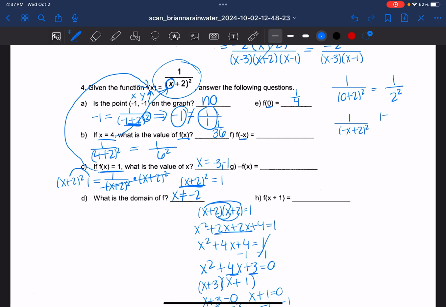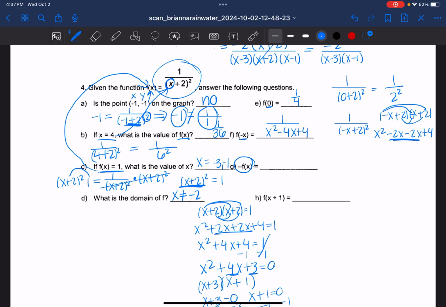To square something means to multiply it by itself. So I'd have negative x times negative x, which is positive x squared. Negative x times 2 is negative 2x, and again this would be negative 2x, and then I would have a plus 4. So this would become 1 over, when I combine these like terms, x squared minus 4x plus 4.